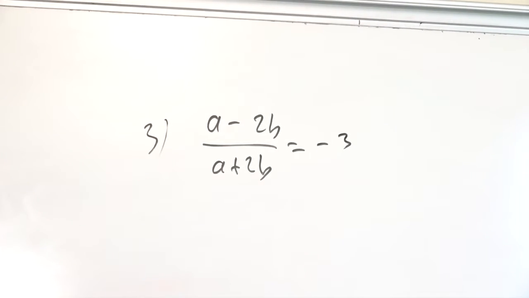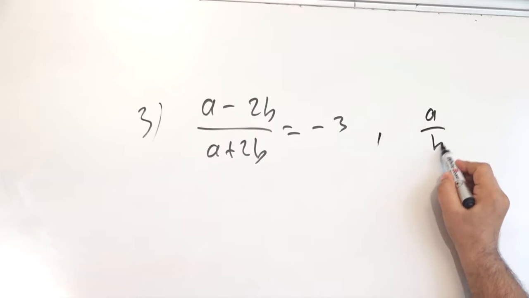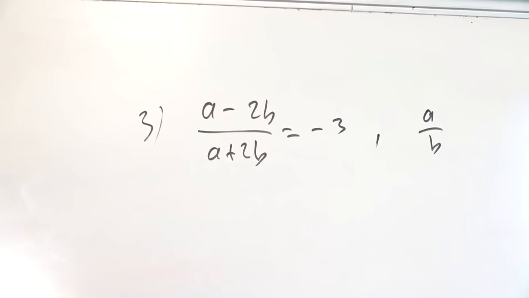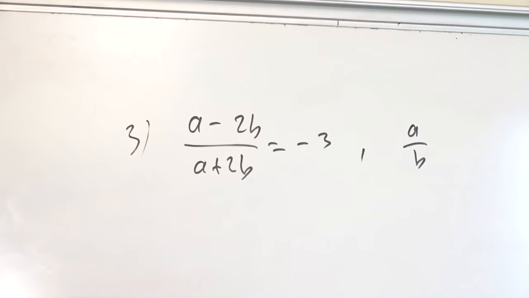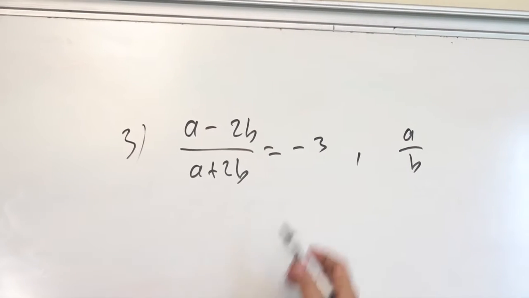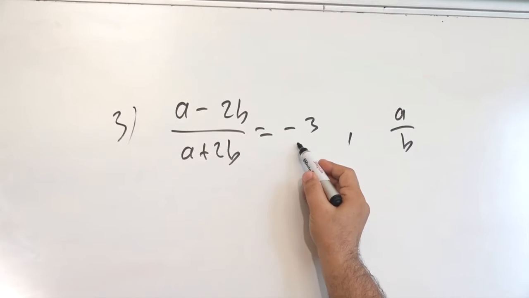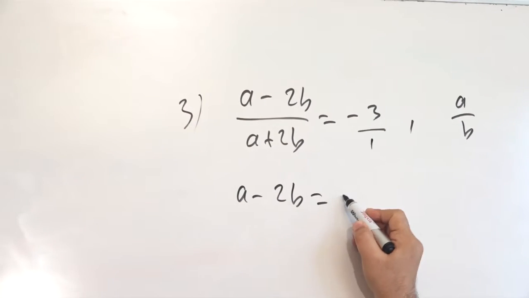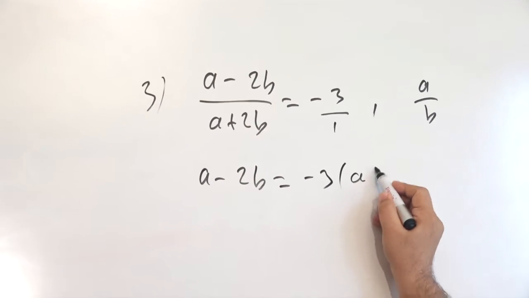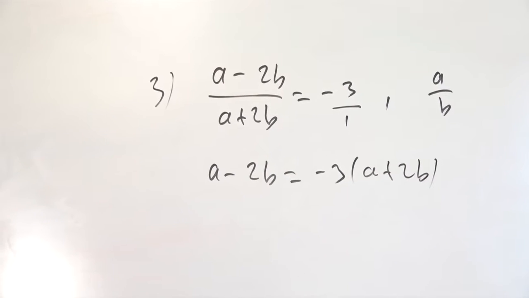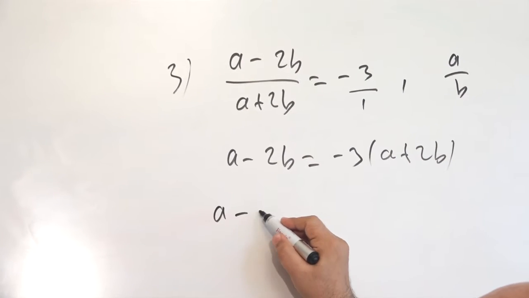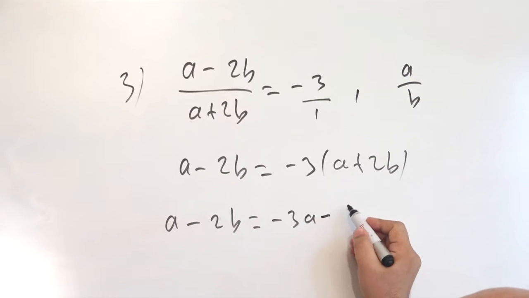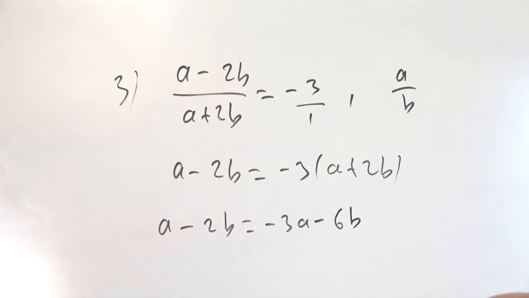And we will find the ratio A to B. First, we will multiply each side by negative 3 over 1. So A minus 2B is equal to negative 3 times A plus 2B. From here we'll get A minus 2B is equal to negative 3A and negative 6B.